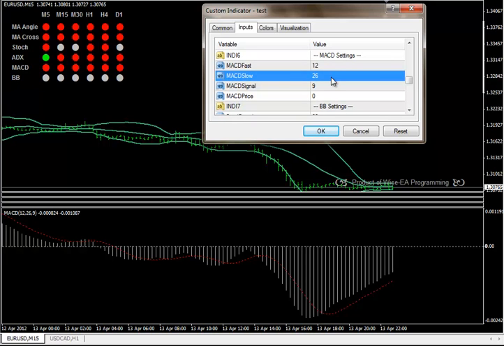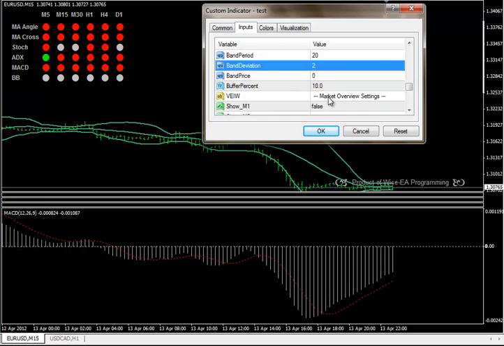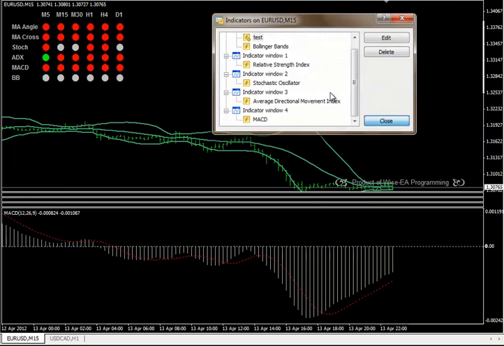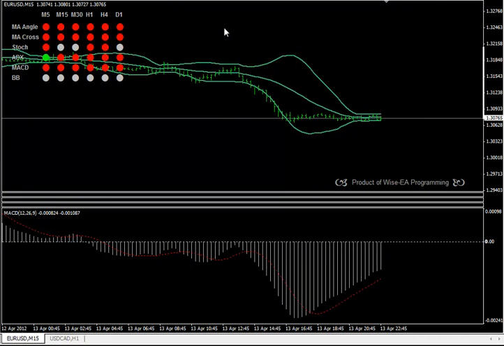Okay, so the next one is Bollinger Band, BB. So band period, band deviation, this determines what Bollinger Band you're talking about. Then here, this defines the trend status. For percent, 10 means 10%. What does that mean? For Bollinger Bands, it's like this.